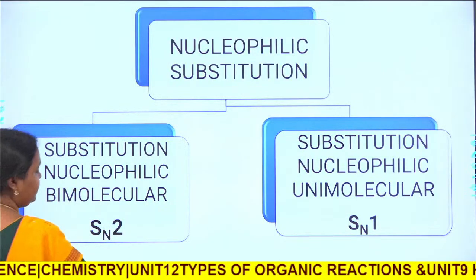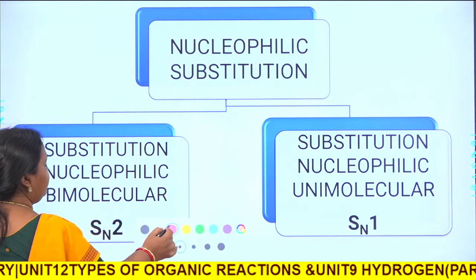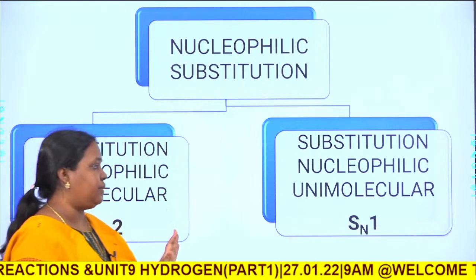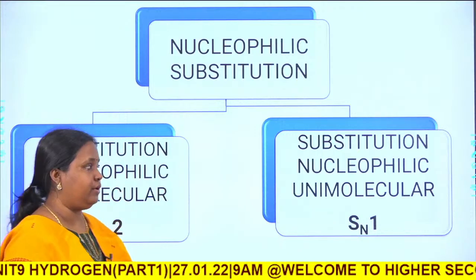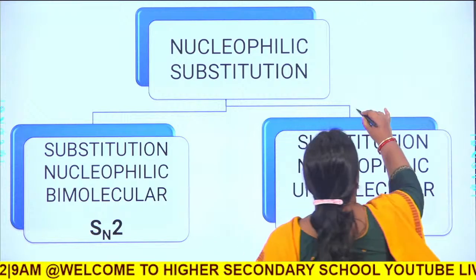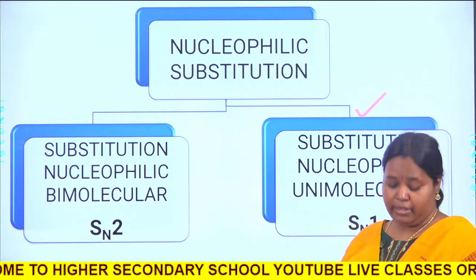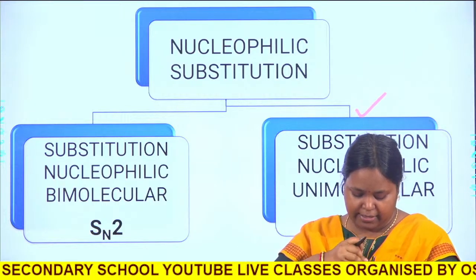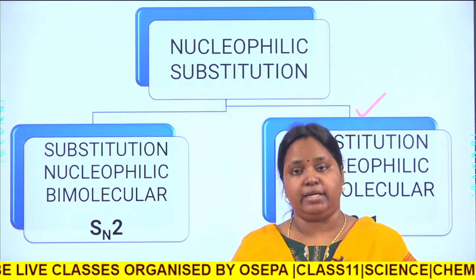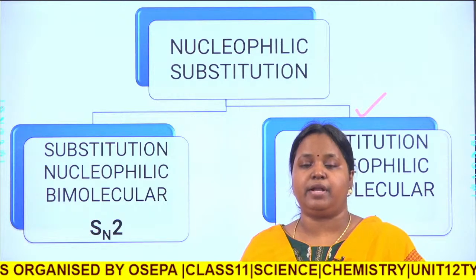Now, nucleophilic substitution reactions are of two types: substitution nucleophilic bimolecular and substitution nucleophilic unimolecular. Just remember that it is according to the kinetics of the reaction, and this will be discussed in detail in your alkyl halides chapter in class 12.